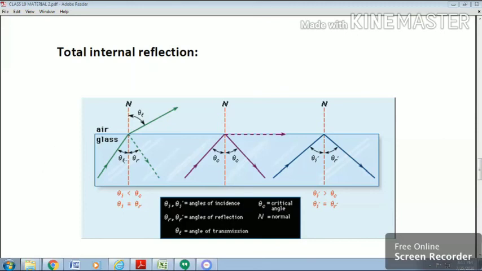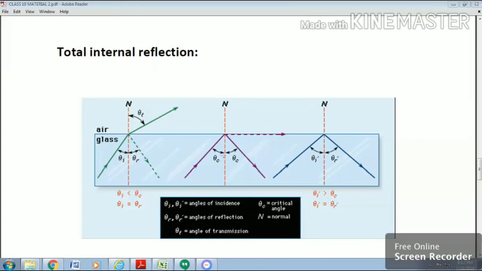Suppose this is our denser medium glass and this is our rarer medium air. Whenever a ray of light passes from a denser medium to the rarer medium, it bends away from the normal. So here angle theta I is written, and it bends away from the normal, that is theta R. Now in the second diagram, as you can see here, the refracted ray is just forming an angle of 90 degrees.